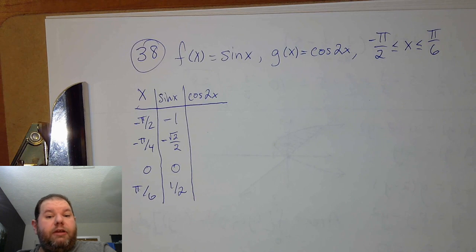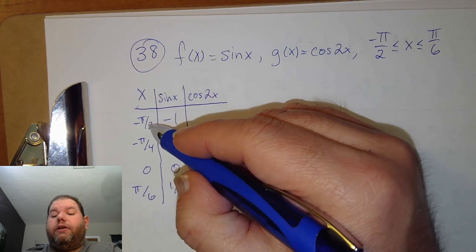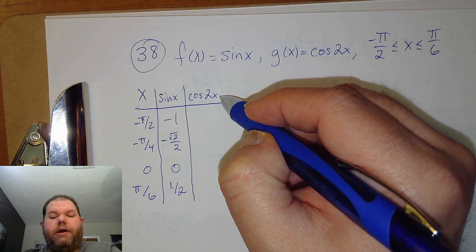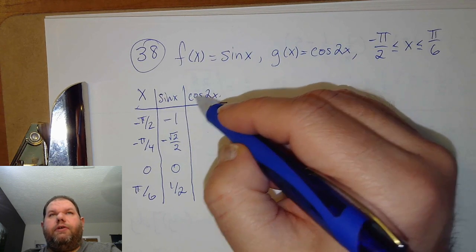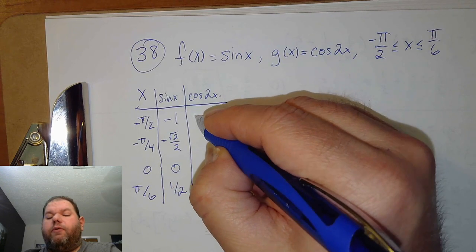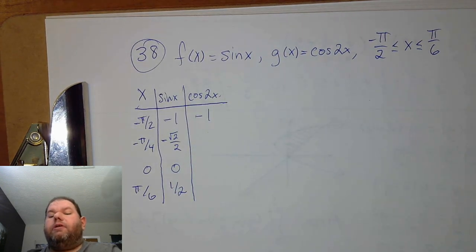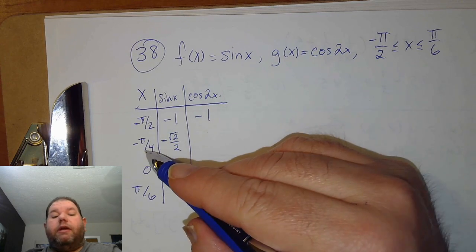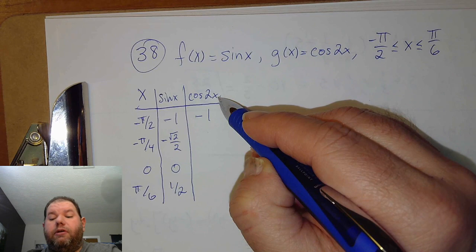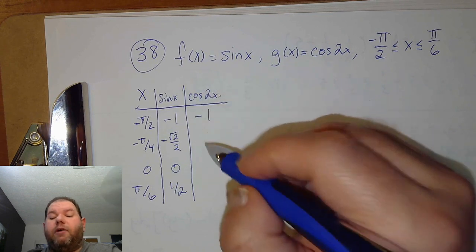Then doing the same thing for cosine 2x, if we plug in negative pi over 2, 2 times that would be negative pi, and cosine of negative pi is negative 1. Plug in negative pi over 4, 2 times negative pi over 4 is negative pi over 2, and so cosine of negative pi over 2 is 0.